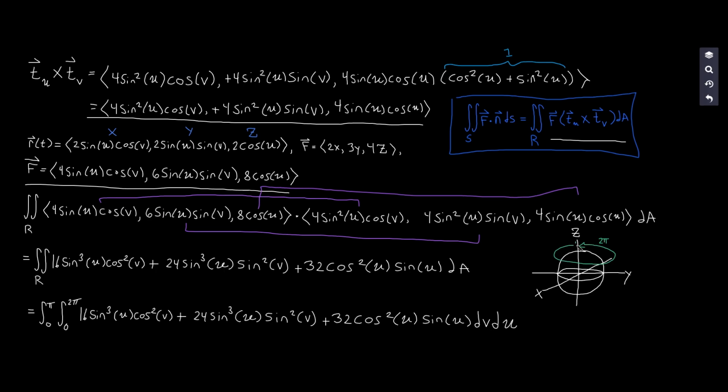We can say that this is the North Pole, and we're dropping it down to the South Pole. Okay? So we're going from the North Pole, which is u equals 0, to the South Pole, which is 180 degrees, or u equals pi.